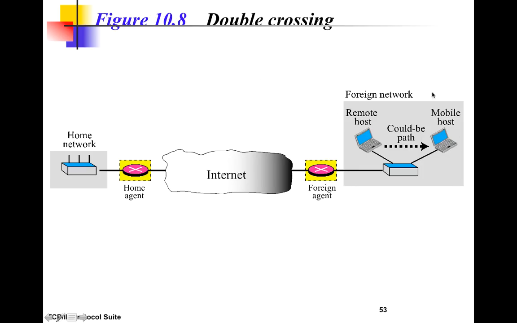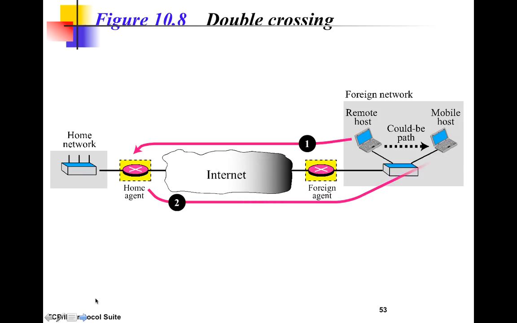So this is my desktop and this is your laptop, and your laptop has got the home address of your home network, let's say. Okay, in this case, with double crossing, the problem is that the remote host, so even though you are in the same network as me, when I send you the packet, it will still go to the home agent. It will go all the way to your home and then come back to you to the university network. Okay?